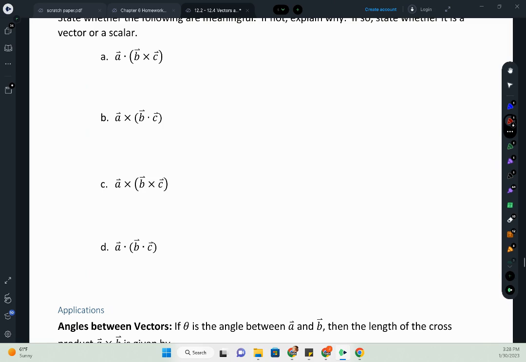And A is a vector. So this is the equivalent of looking at a vector dotted with a vector. And you can dot product 2 vectors. That's actually the definition. You need 2 vectors to dot product. The result would be a scalar. So that's meaningful. We're able to get a value.